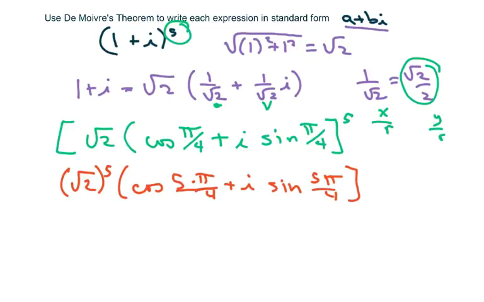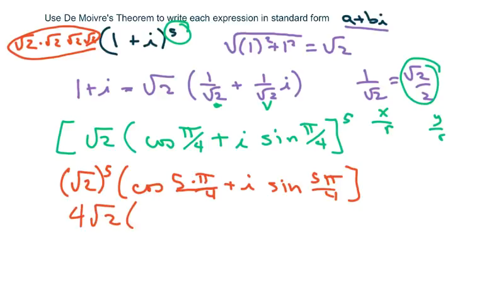The square root of 2 to the fifth is square root of 2 times square root of 2 times square root of 2 times square root of 2 times square root of 2. Now that equals 4, so we have an extra square root of 2. And then cosine of 5 pi over 4 is negative square root of 2 over 2, and the sine of 5 pi over 4 is negative square root of 2 over 2, i.